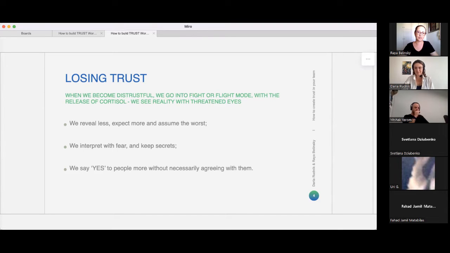So it's not only that our companies are not effective and don't create great results, but also our families are affected by this behavior and by this loss of trust. And yeah, this is it.